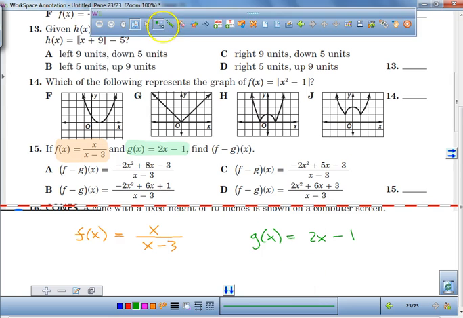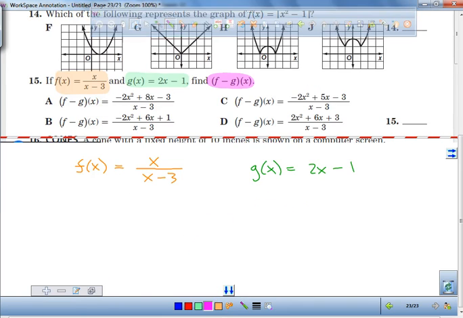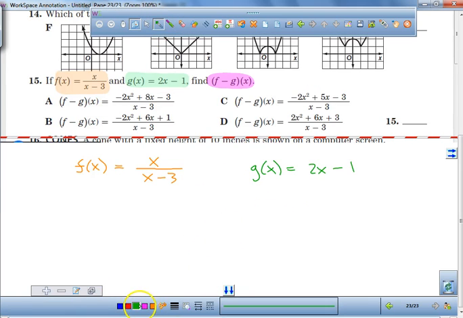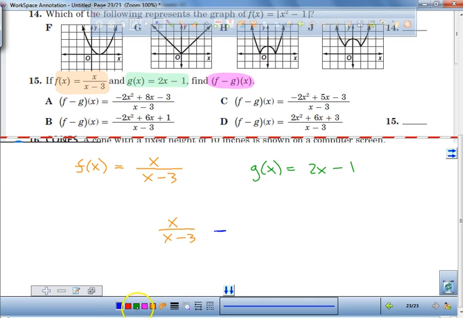Okay? And what are we trying to find right now? We're trying to find f minus g of x. So upon first inspection, you're like, okay, I got this. I'm going to take f of x, which is this guy, and then I'm going to take away g of x, which is this guy.